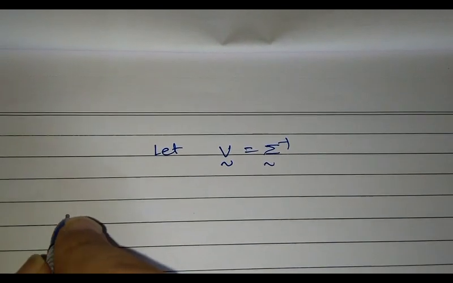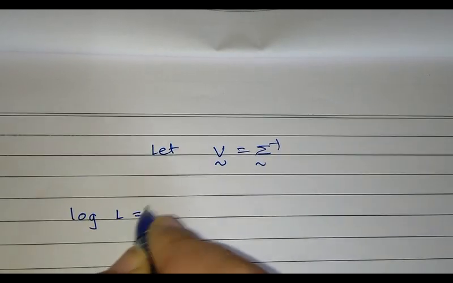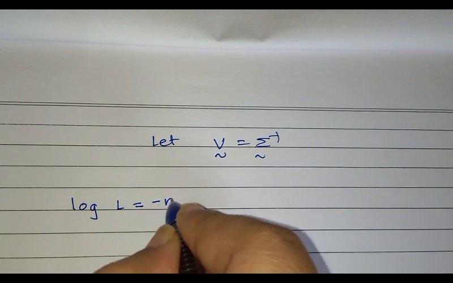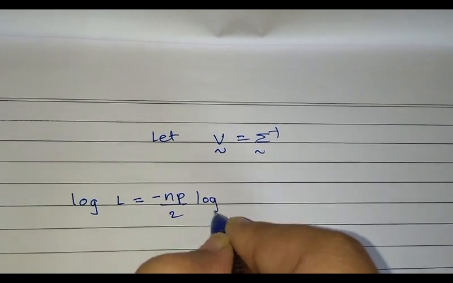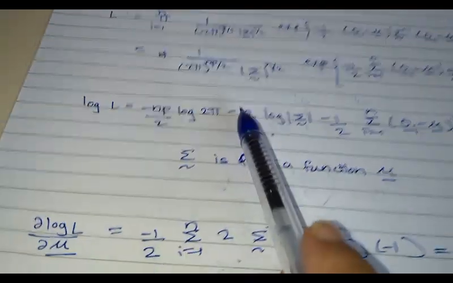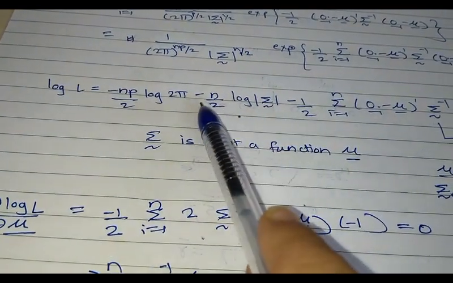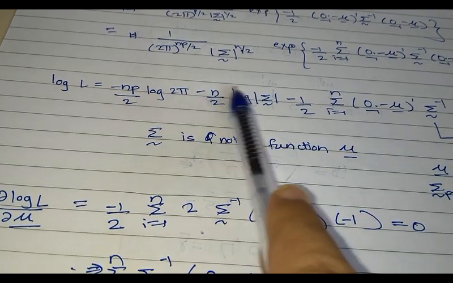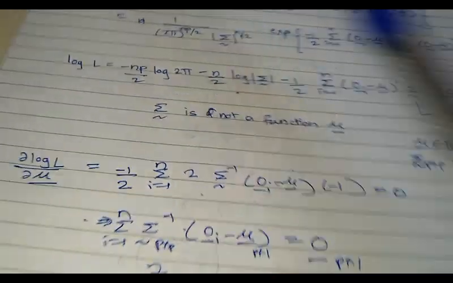As a result, my log likelihood becomes log L equal to minus np by 2 log of 2 pi. Sigma inverse is V, so if I want to take sigma inverse here, the minus 1 would go there, so this would become plus.